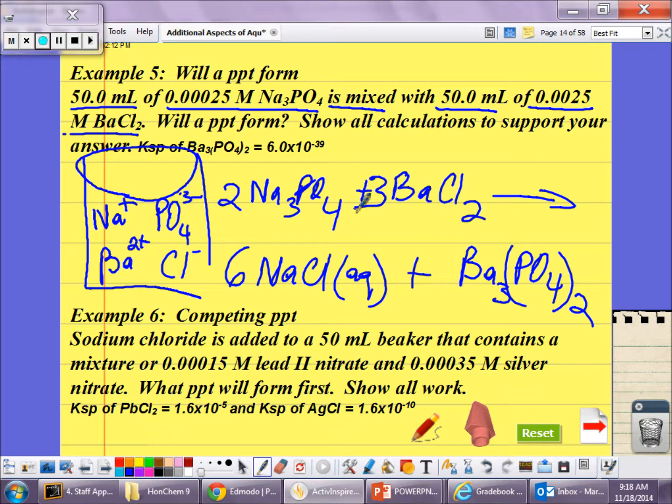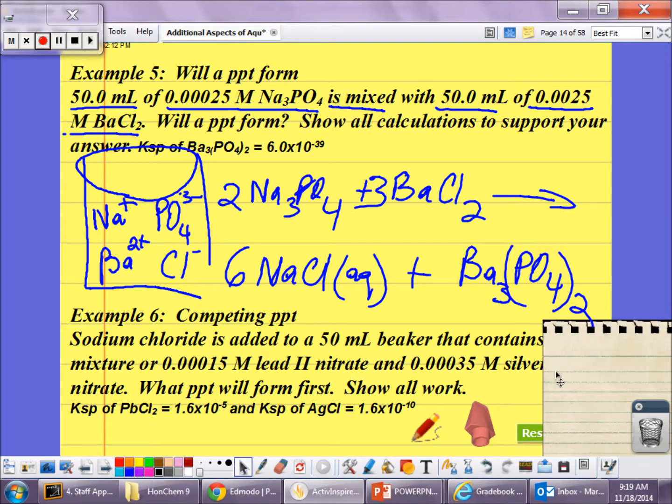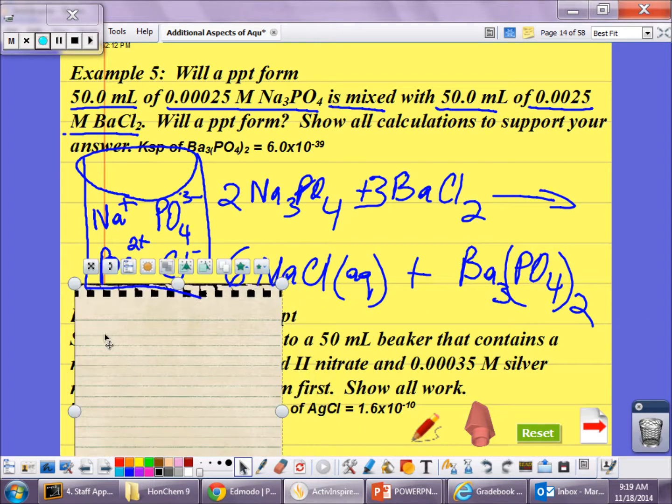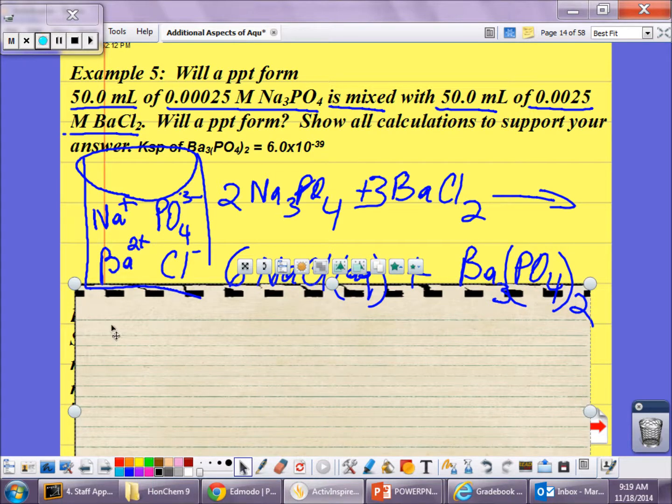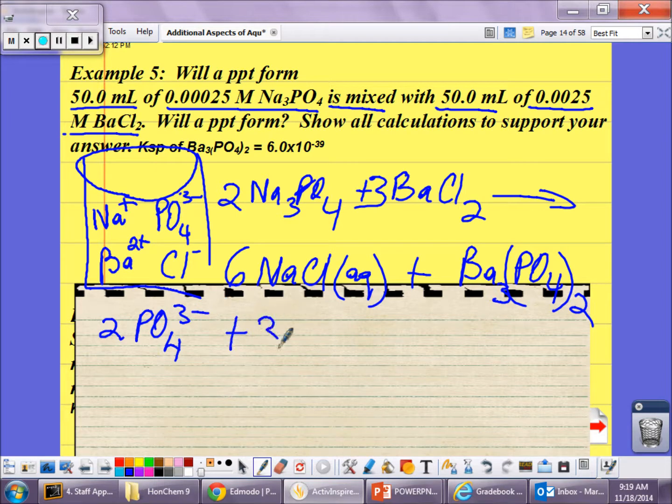Now we do not care about all the soluble ones. What we really have here is 2 phosphate ions plus 3 barium ions yield 1 barium phosphate.